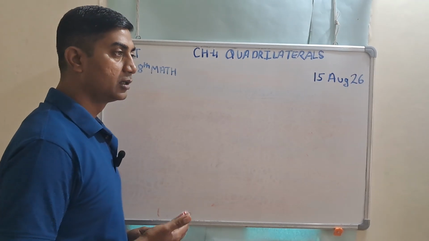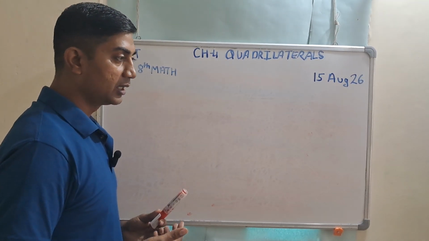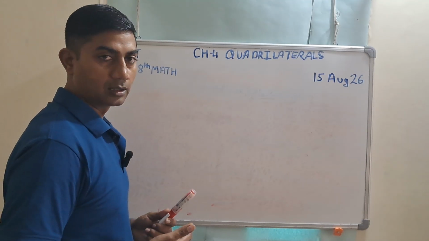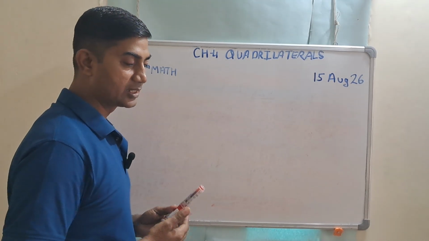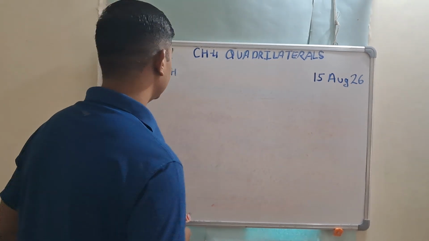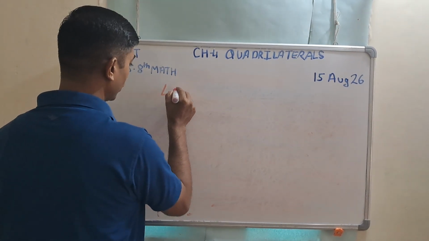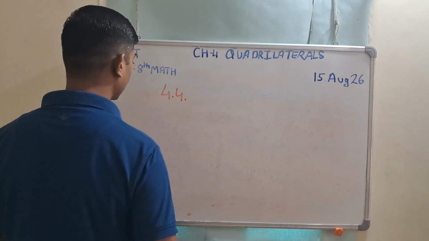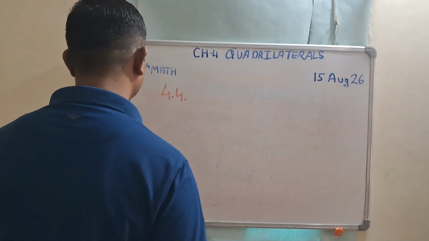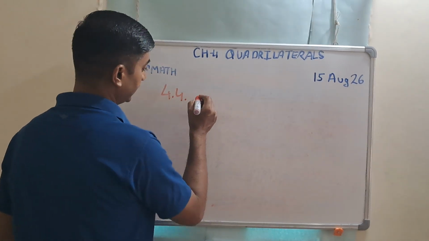It means that the adjacent sides are equal. Now we will see, when adjacent sides are equal, what type of quadrilateral it is. Understood? So our topic is 4.4, quadrilaterals with equal side lengths.